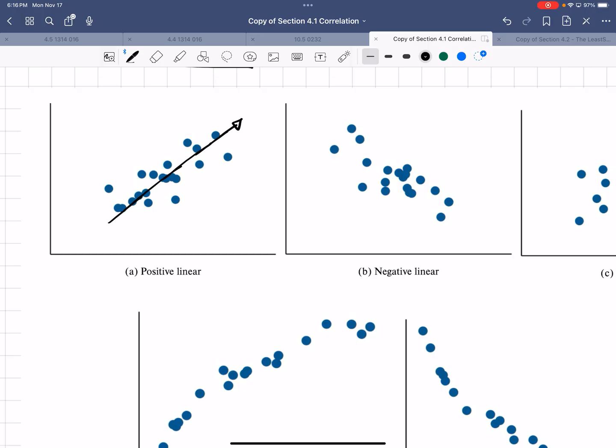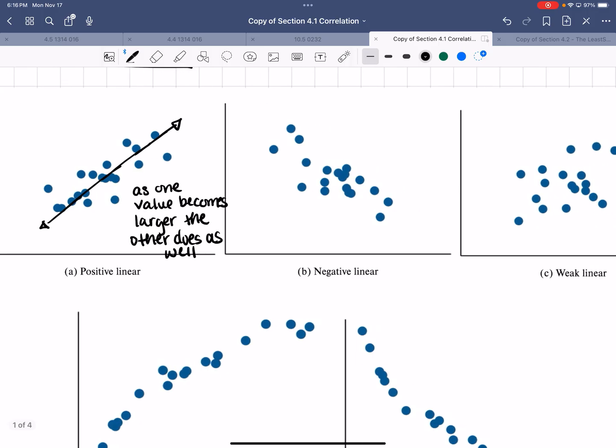Pretty much when we talk about a positive linear, if one value gets larger, then the other value also gets larger. In our second picture, we have a negative linear correlation. When we say negative, it's got a negative slope because that line's going down.